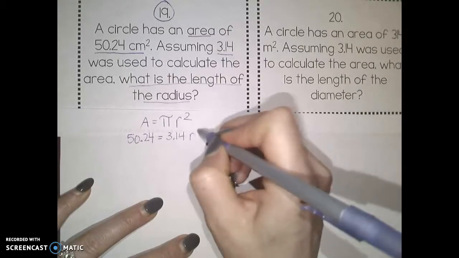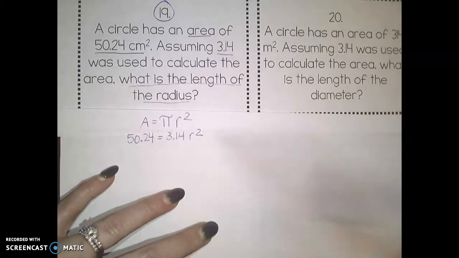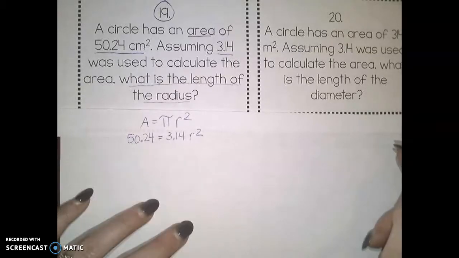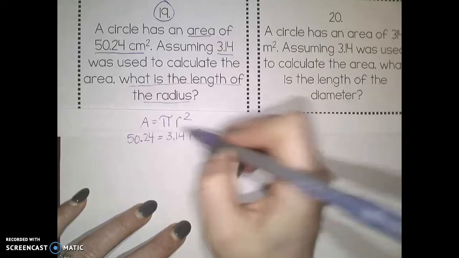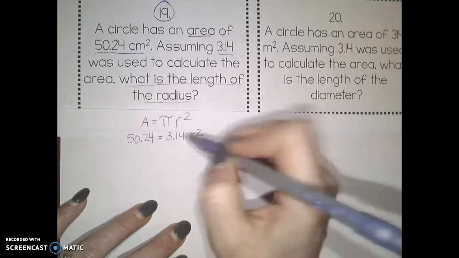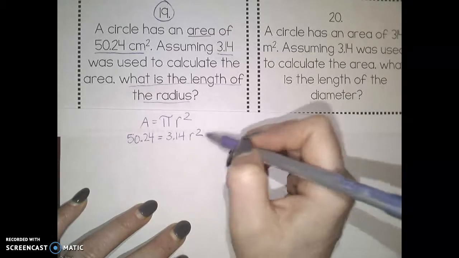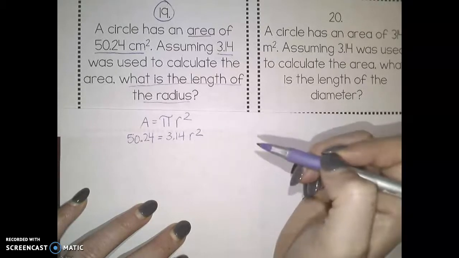times my r squared. Now this is something a little bit different, so I'm going to talk about this carefully, and I want you to listen carefully to the r squared. You guys do know what to do to get rid of the 3.14. This is connected to the radius r. Right now it's a radius squared. By what operation?